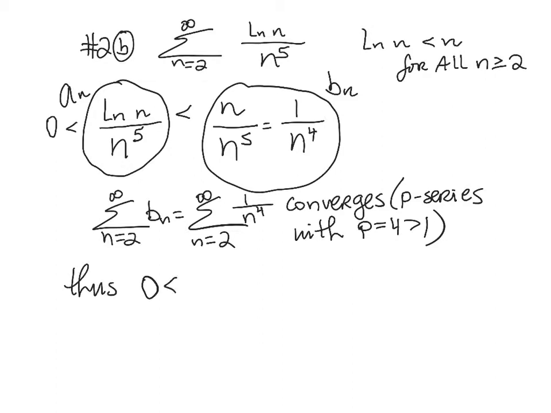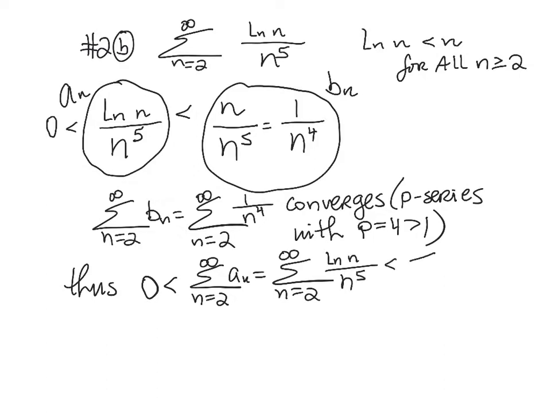So then we have the following. We have the summation from 2 to infinity a sub n, which is equal to summation from 2 to infinity of ln of n divided by n to the fifth power. Of course, all the terms are positive, so this sum is bigger than 0, but it's bounded above by summation from 2 to infinity of 1 over n to the fourth, which happens to be our b sub n series.